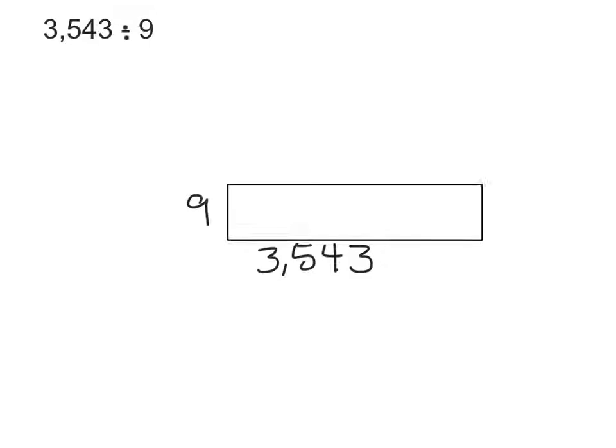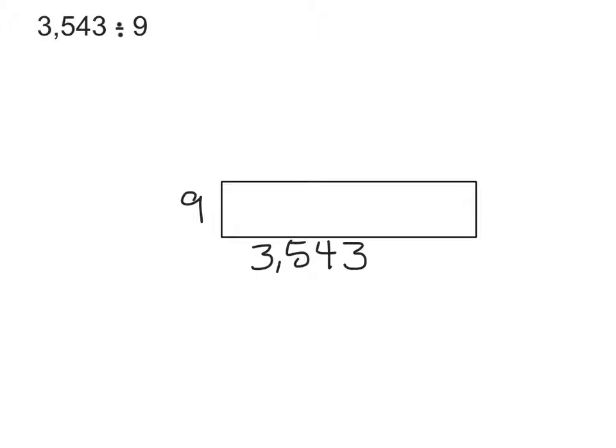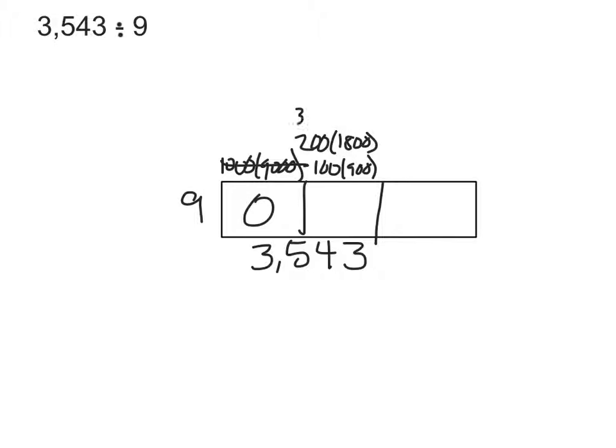So let's go back up to our problem and get started. So 1,000 times 9 would be 9,000. Well, that's too much, so I would have 0 thousands and move on to my hundreds. 100 times 9 is 900. 200 times 9 is 1,800. 300 times 9 is 2,700. 400 times 9 would be 3,600, which is too much.